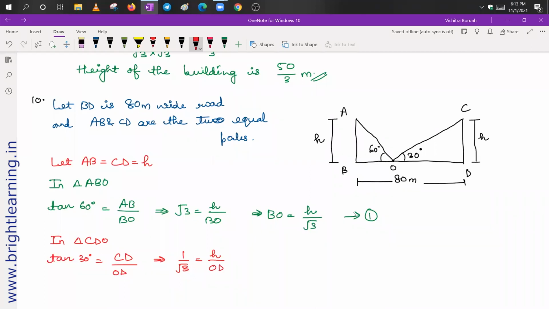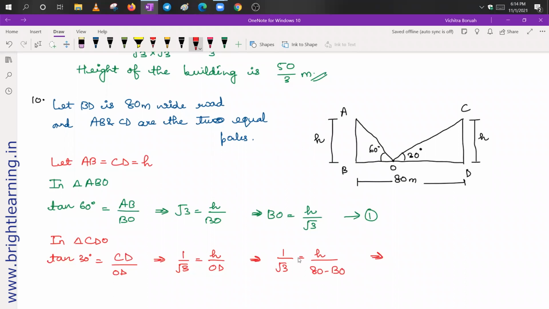Okay. Now again here you can see in this figure that this OD we can write as 80 meters minus BO. This whole length is 80, and this OD we can write as 80 minus BO. So here I can write 1 upon root 3 is equal to H upon, in place of OD I can write 80 minus BO.